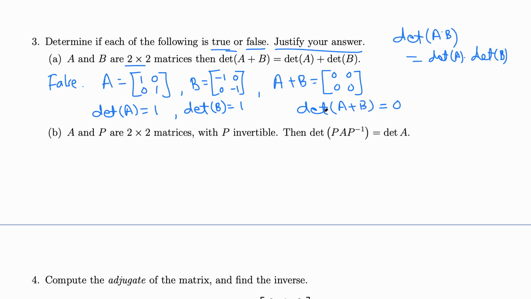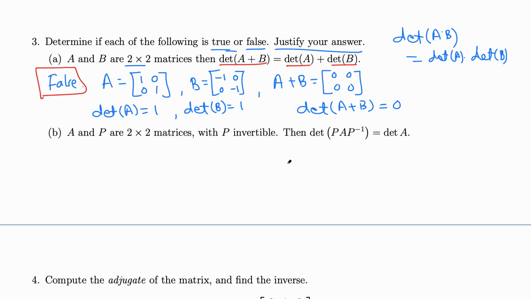That means the determinant of A plus B is not equal to the determinant of A plus the determinant of B. On the right hand side for our example we got 1 plus 1, 2, and we got 0 here. That's why this is a false statement.